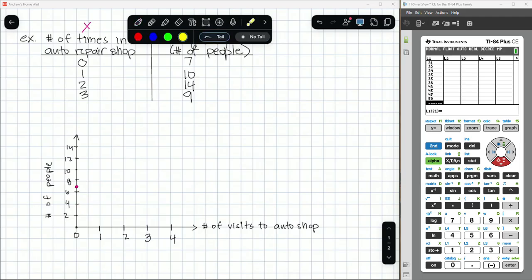For my next dot, for one time in the auto repair shop, 10 people, so 1 and 10 puts me right here. For my next, 2 and 14. And then my last one is 3 and 9, so 3 and 9 is halfway between 8 and 10, so right there.